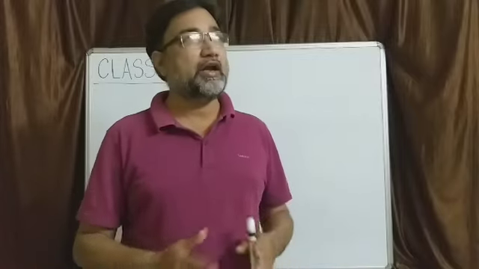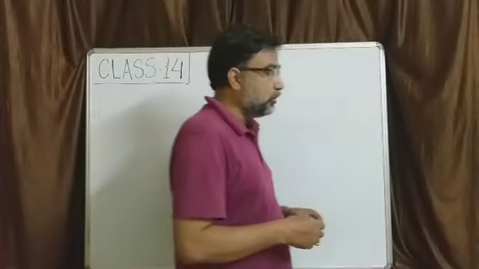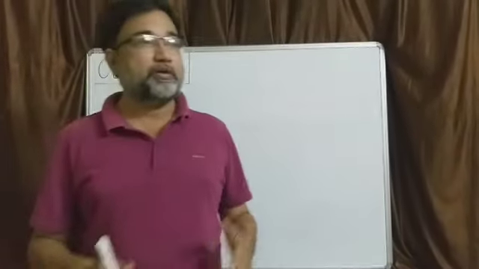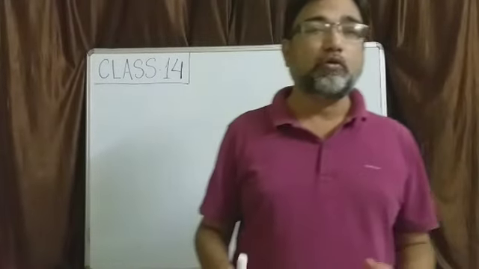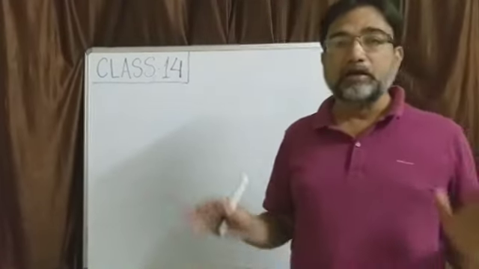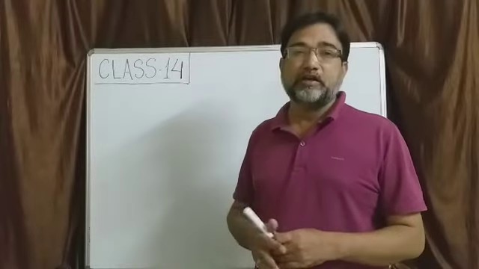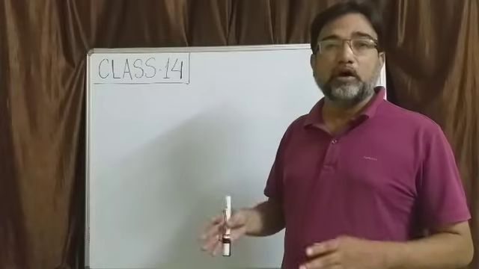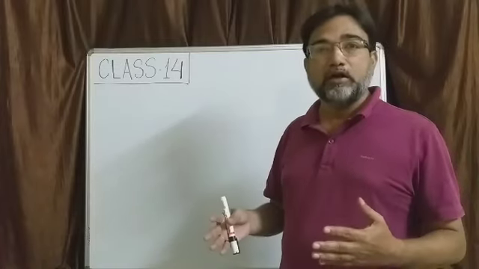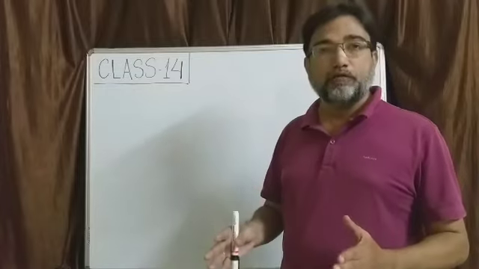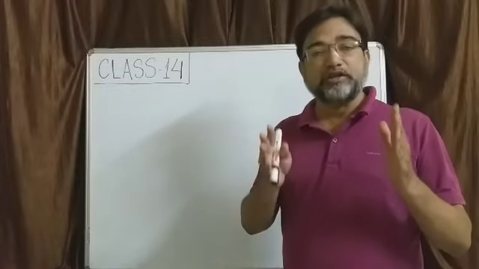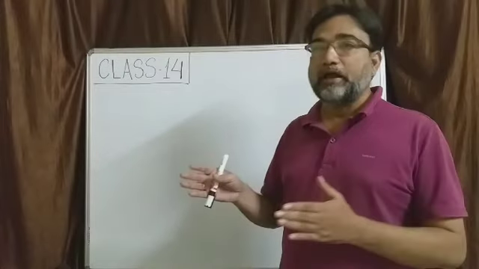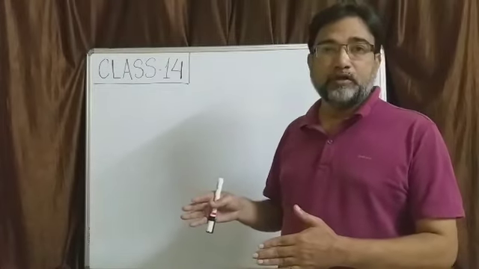So by this it is possible, and after discussing this, we also saw how the efficiency of an engine, the coefficient of performance of a refrigerator, and the coefficient of performance of a heat pump are defined and expressed in terms of Q1 and Q2, where Q1 and Q2 are the magnitudes of heat exchange taking place between the high temperature reservoir and the low temperature reservoir.